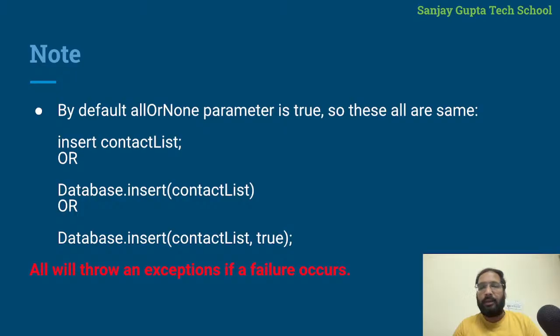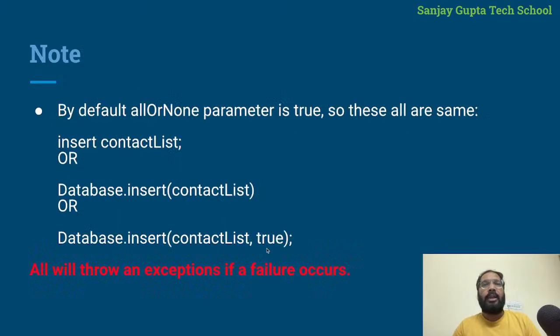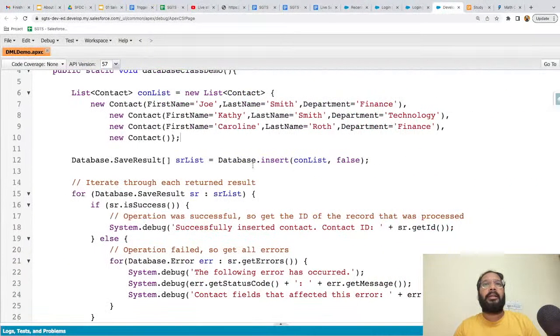If you are seeing the screen as blurred, just refresh the page so that it improves. These 3 statements are the same. If something fails, it will throw an exception. If you want to track success and failure information, you just need to pass false as the second parameter. Here, instead of true, you will pass false, like we did in the code.